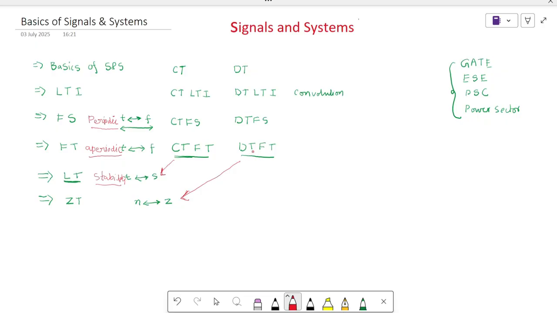What is the drawback? In DTFT, we cannot find the stability. So the DTFT after modification is called the Z transform. Now in the Z transform, we can find the stability. The Laplace transform is totally related to continuous time, and the Z transform is totally related to discrete time.